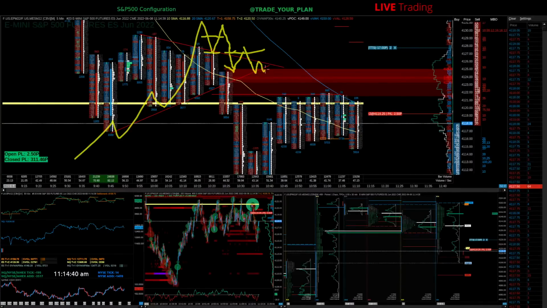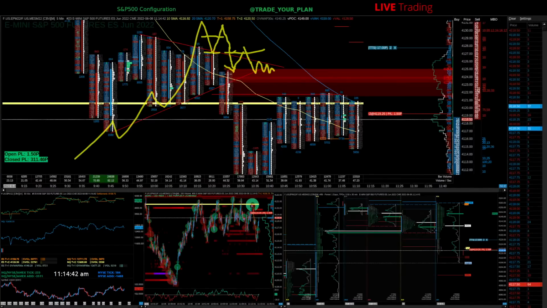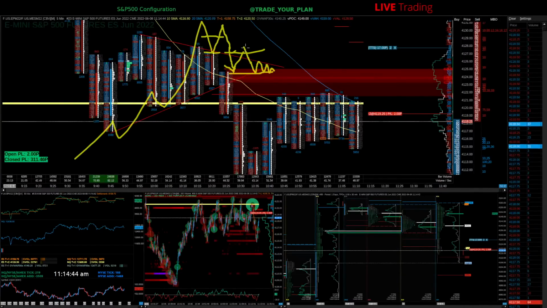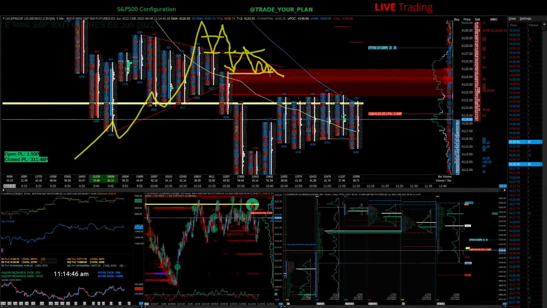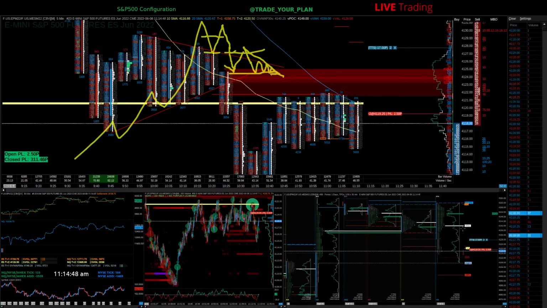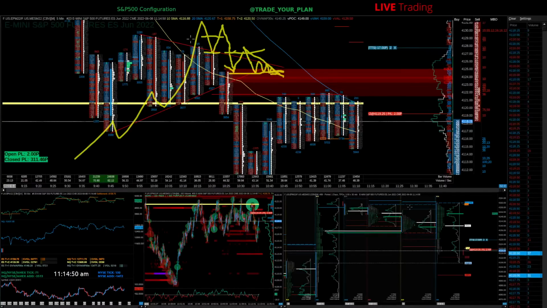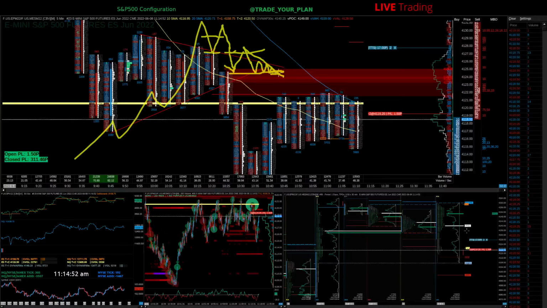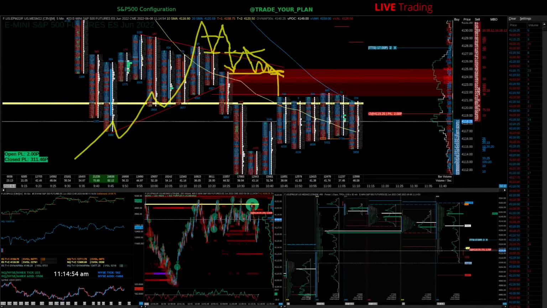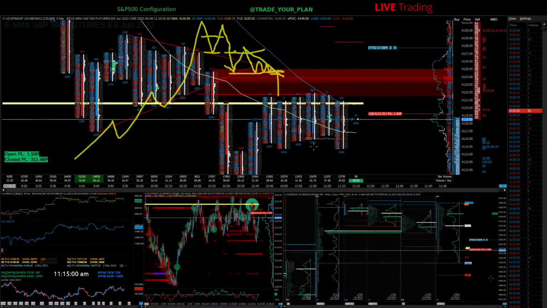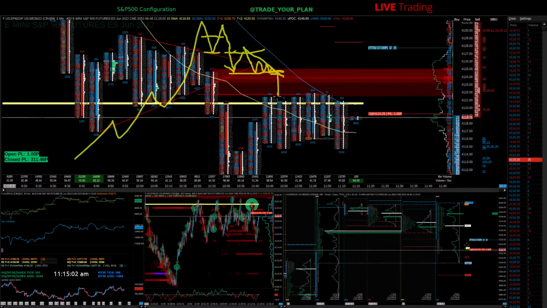And then it makes some descending triangle, so lower highs against a base. And once that big whale is finished covering his short, he's no longer supporting the market. Boom! It tanks. Okay?